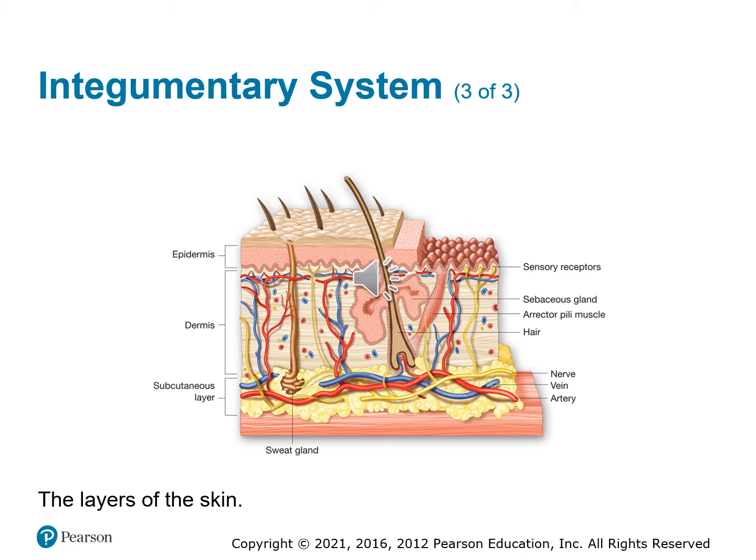The dermis is where we have those sensory receptors and the hair follicles, just kind of in between. The subcutaneous layer, again, has the sweat glands, the veins, the arteries, and the nerve cells.